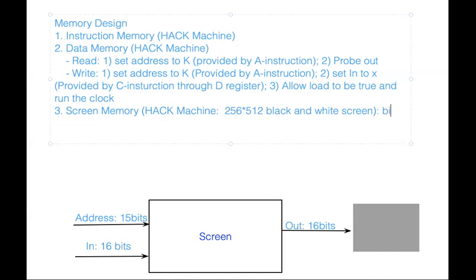So we use a bitmap screen to represent black and white. You can use 0 for black, 1 for white. So this one is quite easy. Totally, what we need is 256 times 512. So let us see how big the memory we need.